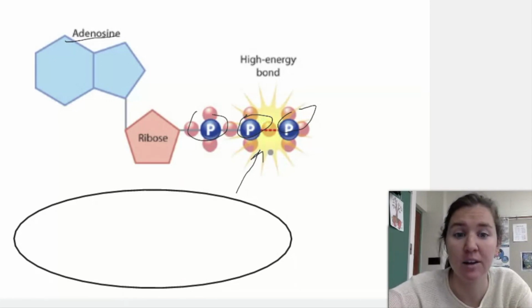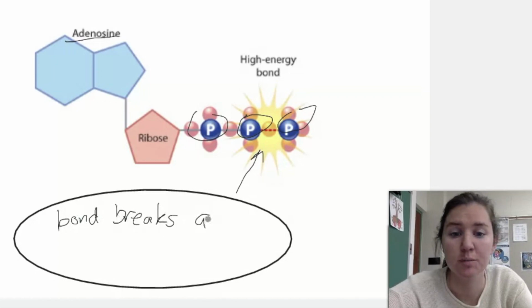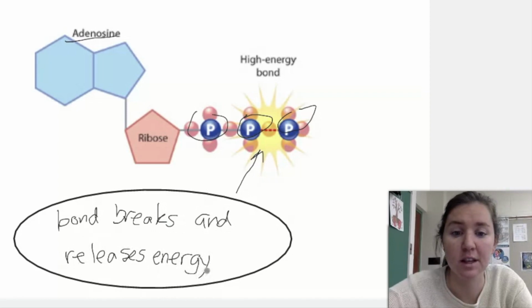This is a high energy bond, so when that bond breaks, it releases energy. So that's how the cell can actually use the energy that's in ATP.